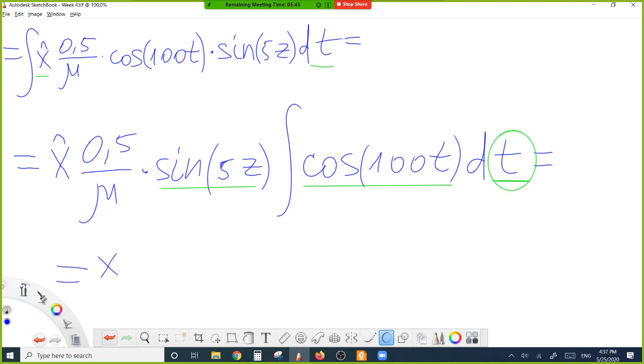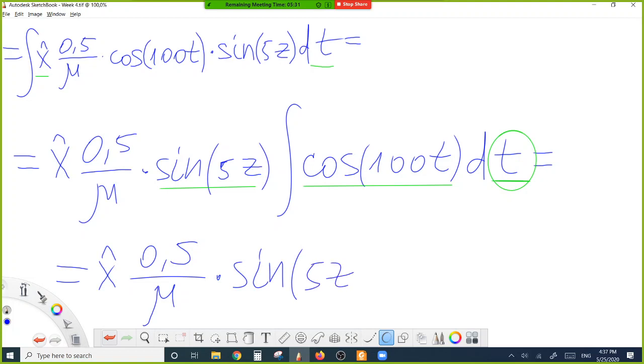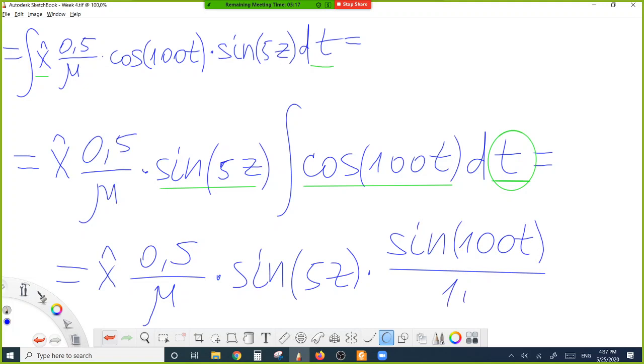So it equals x, 0.5 over mu multiplied by sine 5z multiplied by sine 100t over 100, plus some constant c1, or no, we need to write this constant.